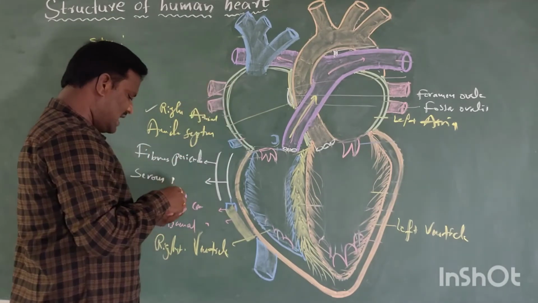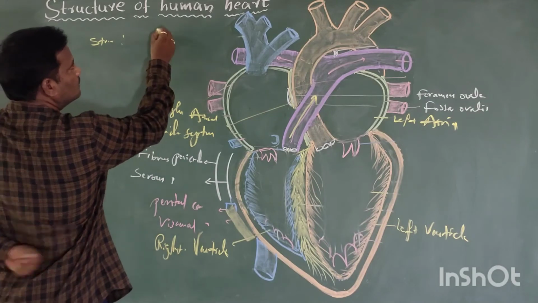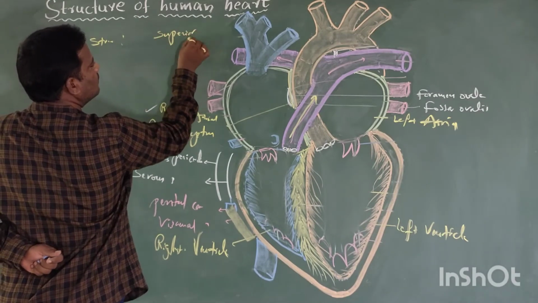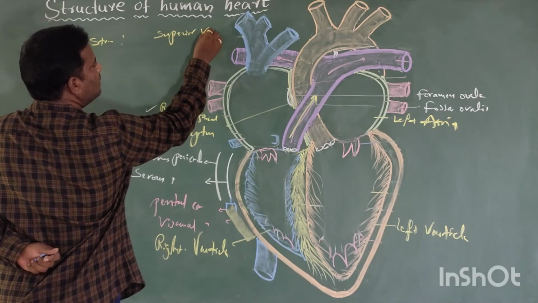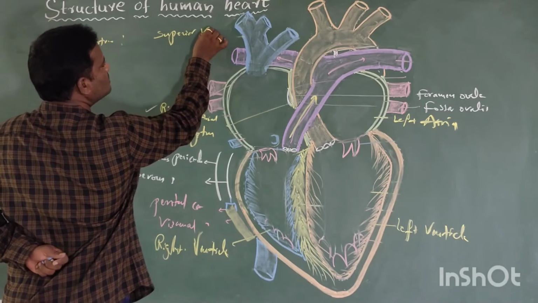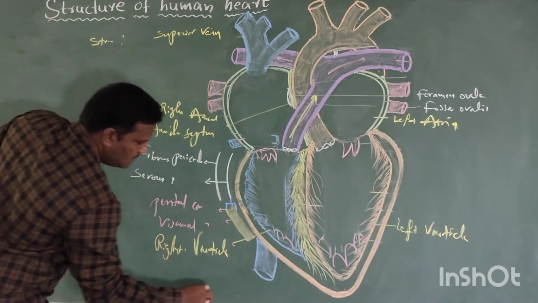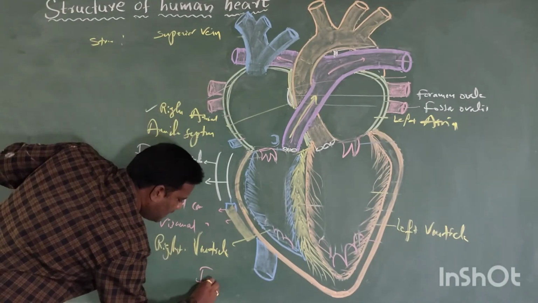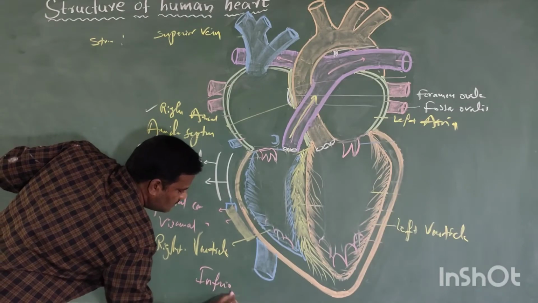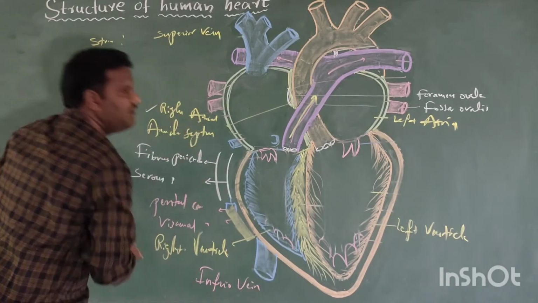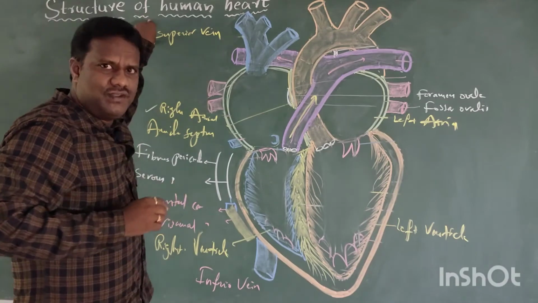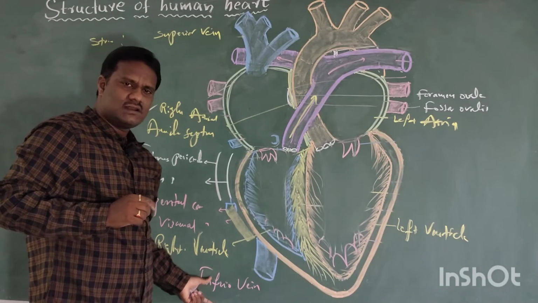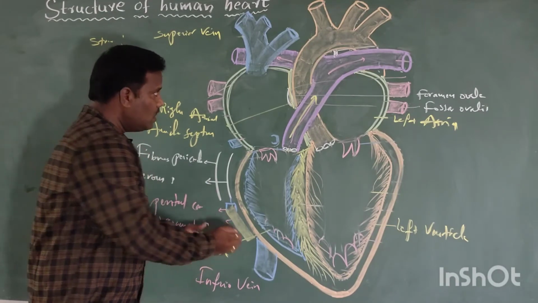One is called the superior vena cava, and the bottom one is called the inferior vena cava.